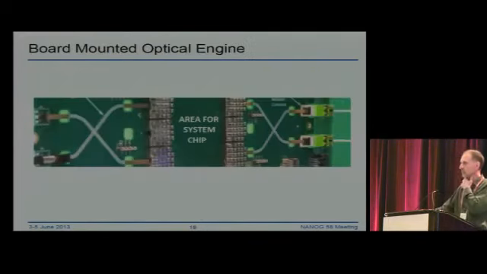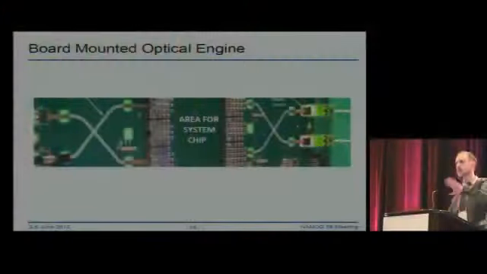So this is a photo of a line card. The area in the center is area for a system chip like a switch ASIC, so let's say a MAC ASIC that routes IP traffic. And then it's surrounded, what you're really seeing there, heat sink, but there are optical engines or optical devices that are directly mounted on the board below those heat sinks, and they surround the ASIC.